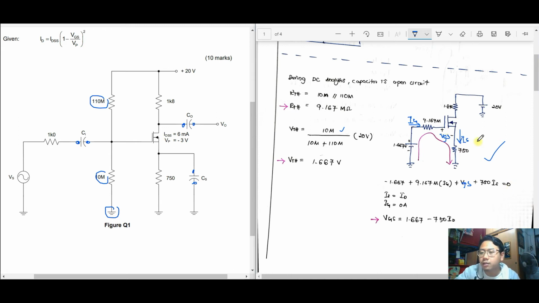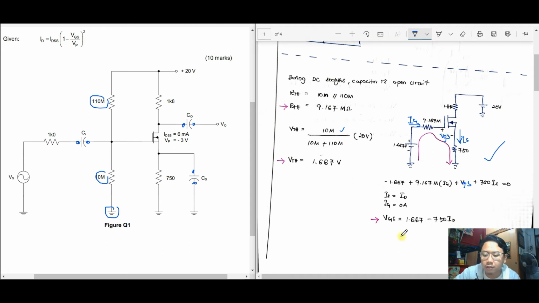The important thing in FET that we must know is the general relationship for all FET: Is is equal to Id and Ig is equal to 0 ampere. After that, VGS is equal to 1.667 minus 750 ID.